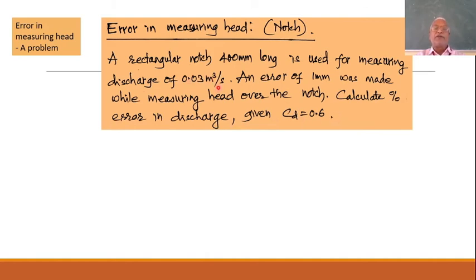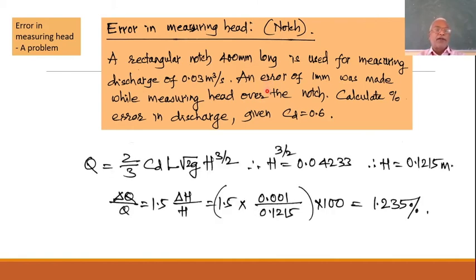Now the discharge is given. The rectangular notch 400 mm, L is given, head is not given, it has to be calculated. Let us do that. q equal to 2 by 3 cd L root 2g h raised to 3 by 2. So if I substitute L as 0.4, and q, the discharge, has to be put there.